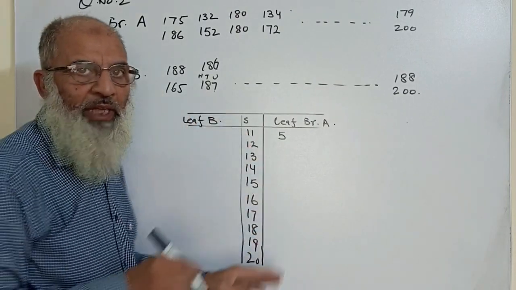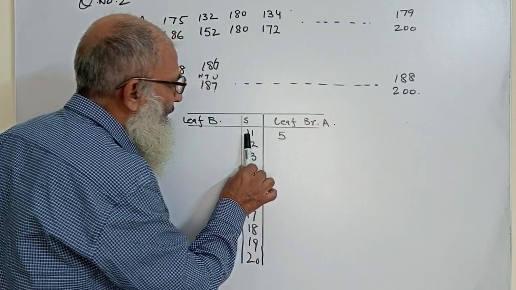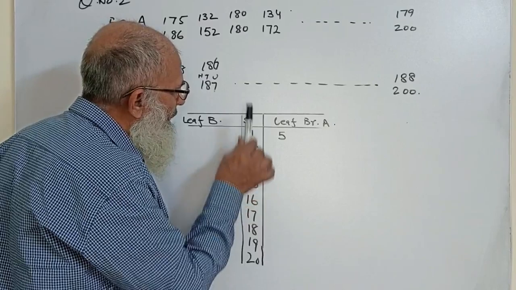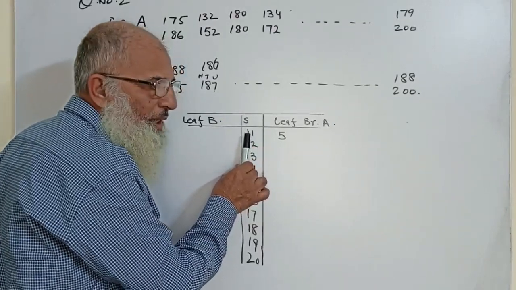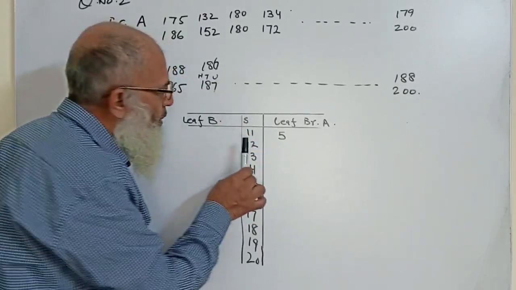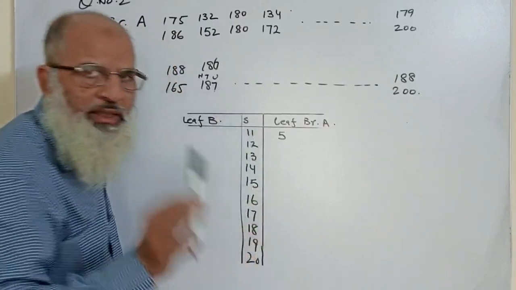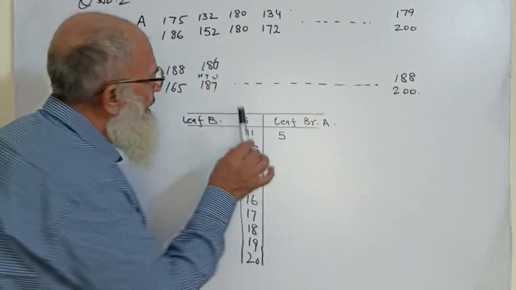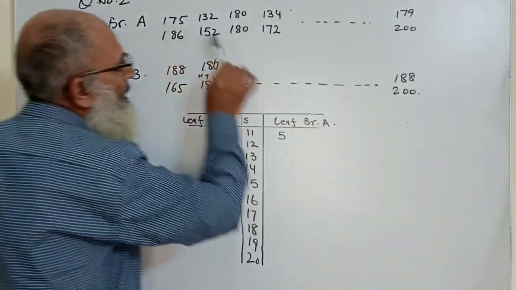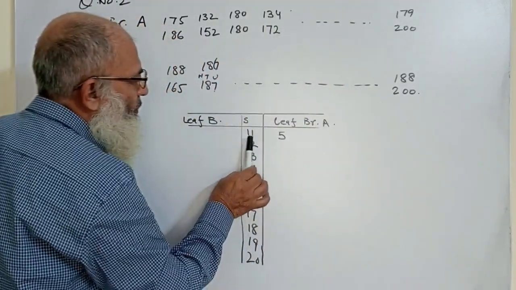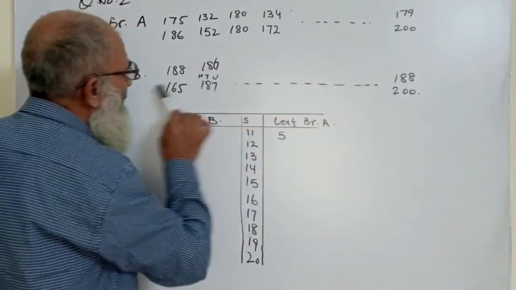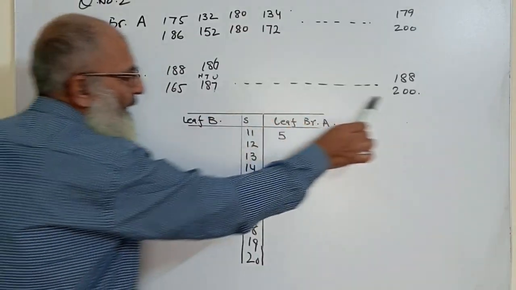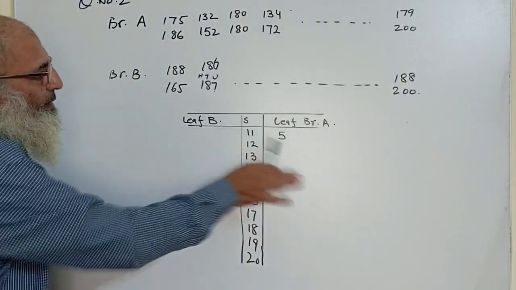This is in fact not 11 but 11 hundredths and tenths, so simply I am going to say it as 11. There is no data except 115 over here, and there is no data starting from 11 in branch B. So it is complete now.